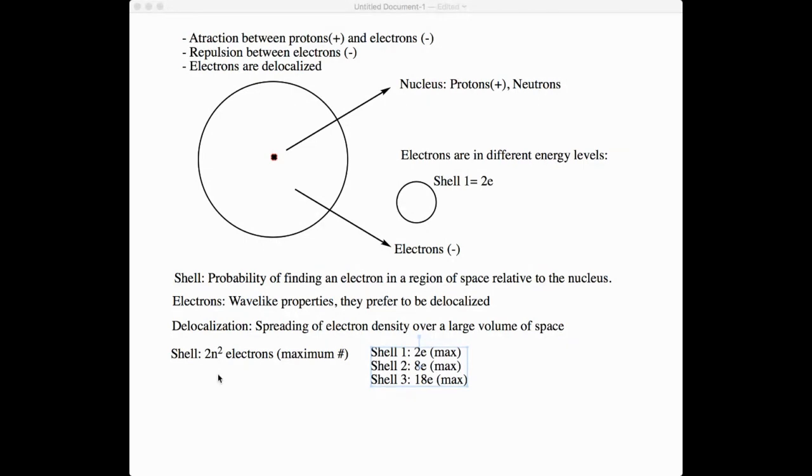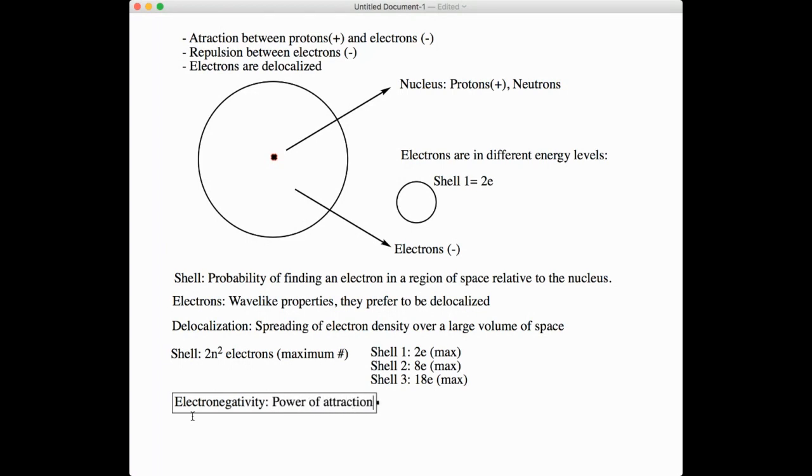Now, obviously, the electrons that are closer to the nucleus, those electrons are strongly attracted because they are very close to the positively charged protons. So the farther the electrons are from the nuclei, the less tightly held they will be, right? So I'm going to also now take this opportunity to define something that is very important in organic chemistry, and it's called electronegativity.